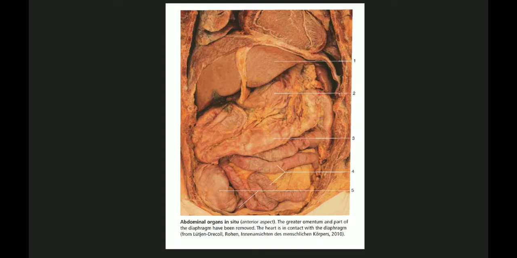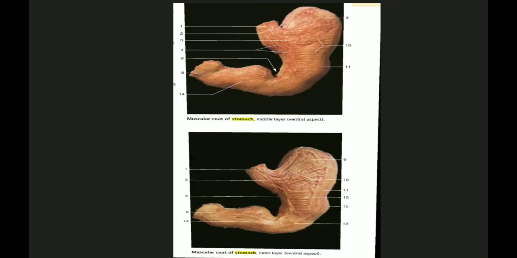Consider this picture, it will help you. This is the liver. The posteroinferior surface lies on the following structures which constitute the stomach bed. So let's talk about the stomach bed.